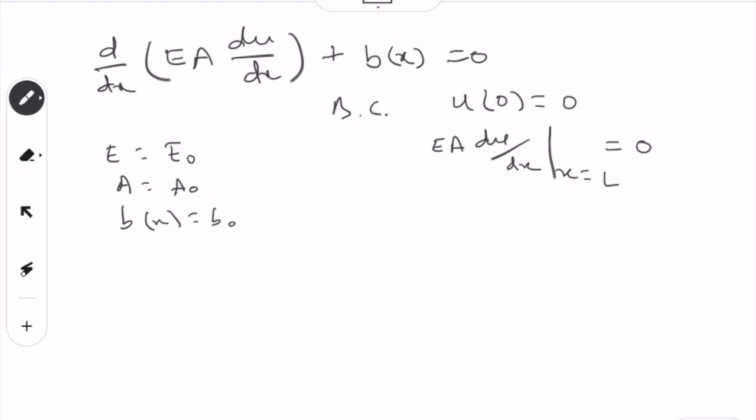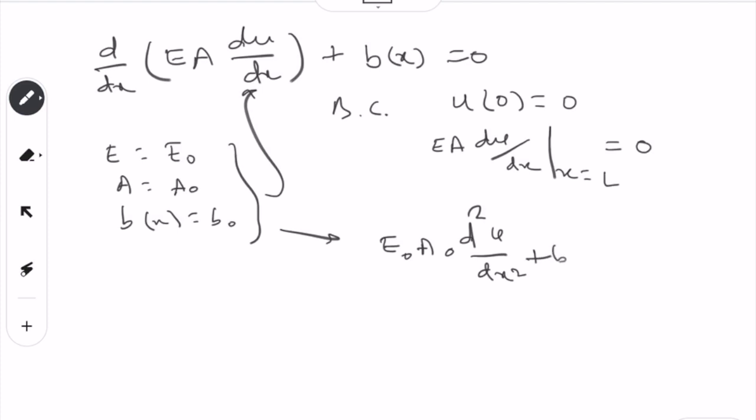Okay, and if you incorporate all those things here, the equation becomes simply E naught A naught d square u dx square plus B naught equal to 0.